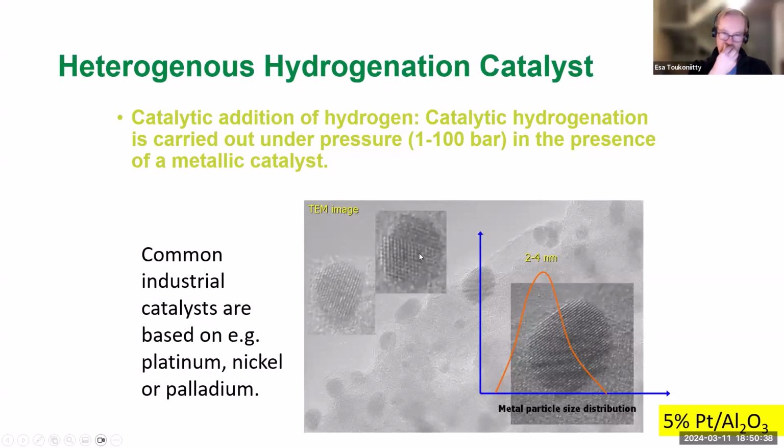Also the reacting component adsorbs. They combine on the surface and then they desorb and leave the surface, and that's how it works at the molecular level. The diameter of these is just a few nanometers, so these are fairly large particles. One can work with much smaller ones as well. It depends very much on the reaction that you are carrying out.